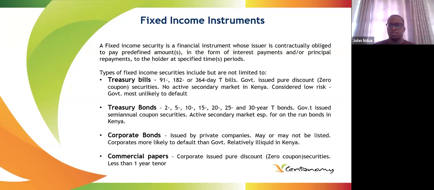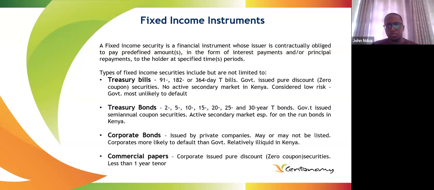So you give them your money, and then at the end of the period, they pay you your money plus the interest. That is what treasury bills are. And remember, treasury bills do not trade. So if you buy, you will stay with it until the end of the period, and that's when you'll get your money.